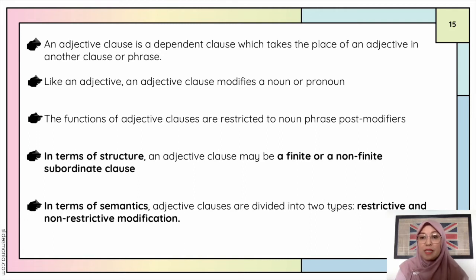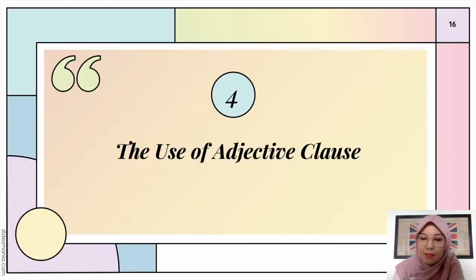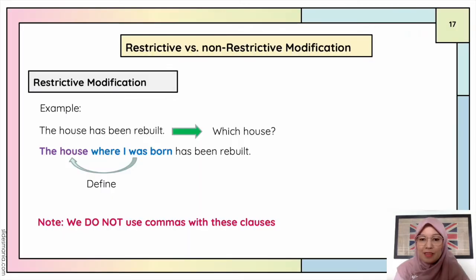Now that you know the definition of adjective clause, we will now learn how to use it in sentences. Are you ready? Great! I can see you are all ready to learn. Before we learn further the use of adjective clause in terms of structure, we will figure out why adjective clauses are recognized as restrictive and non-restrictive modification.